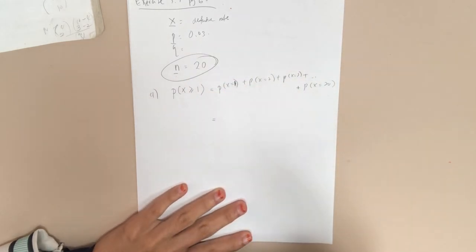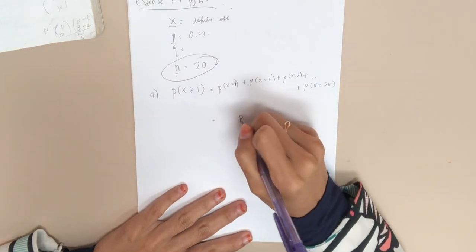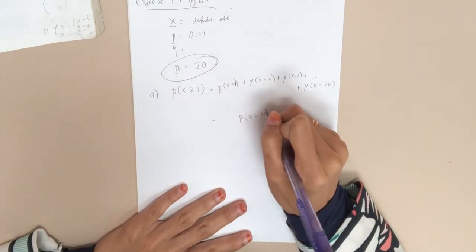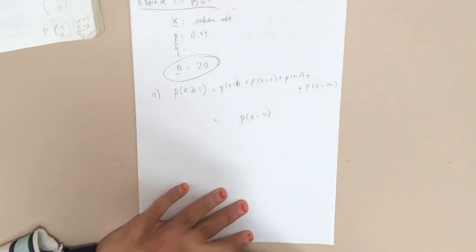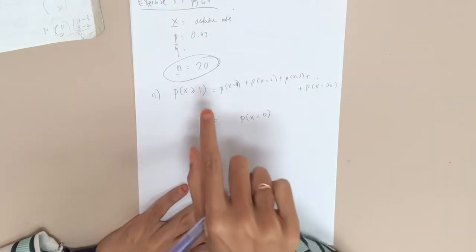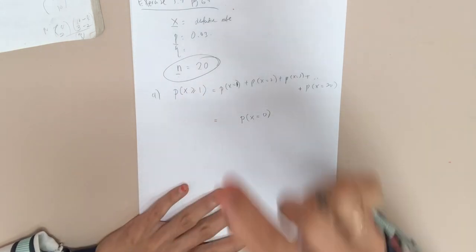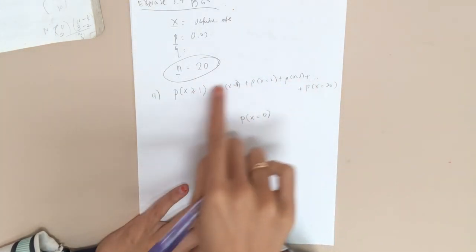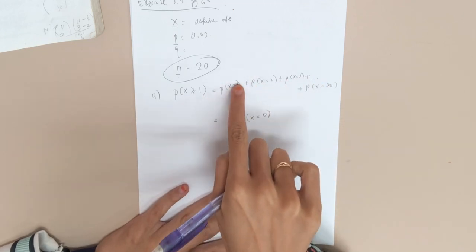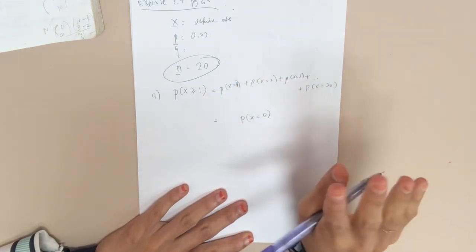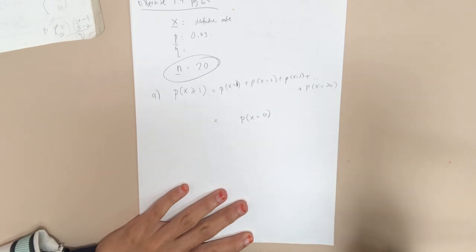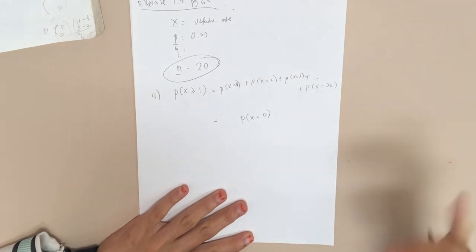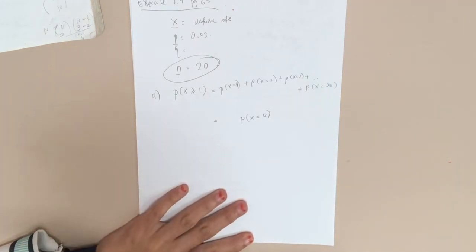Why don't we find P(X = 0)? I mean, the probability, X will start from 0, so 0 until 20. But the answer here should be 1 until 20; 0 is not included. My suggestion here, not only mine, this is actually the suggestion from the textbook itself.